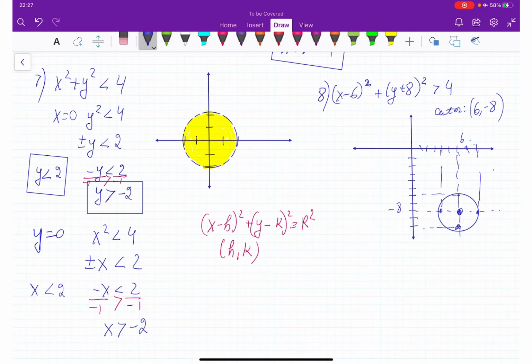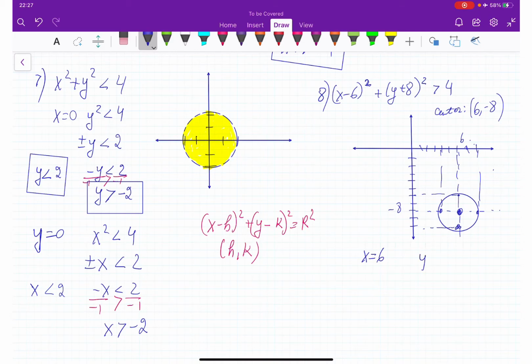So therefore, I'm going to turn x into 0, and to turn x into 0, I have to take x equal to 6. X will be gone, 6 minus 6 is 0.